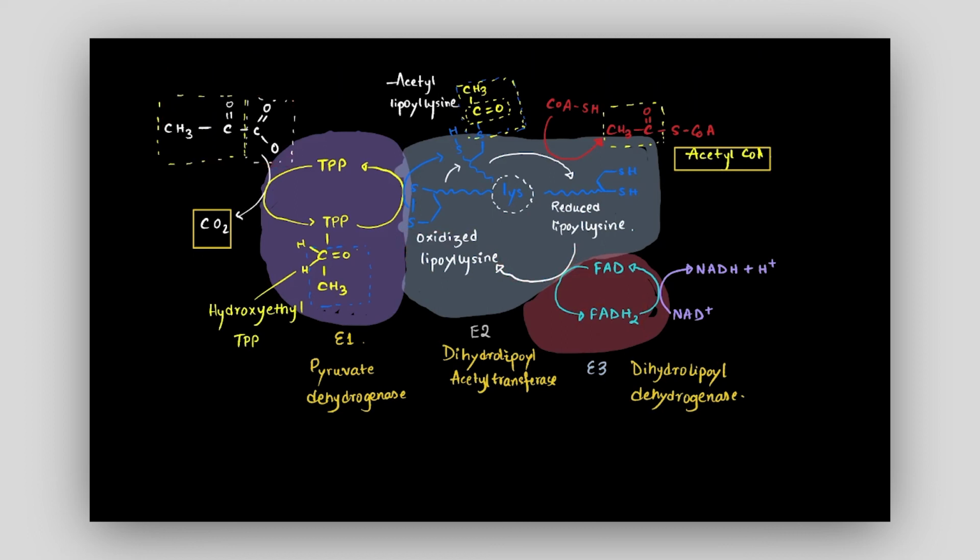So this cycle continues, and for every pyruvate that we have, let me write this down. This is pyruvate. For every pyruvate that we have, we get one molecule of CO2 and one molecule of acetyl CoA.